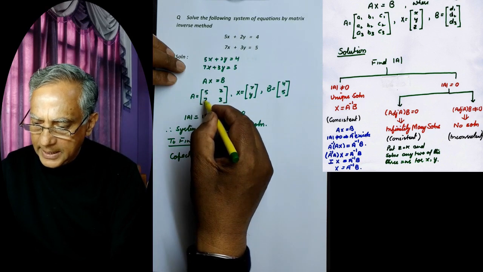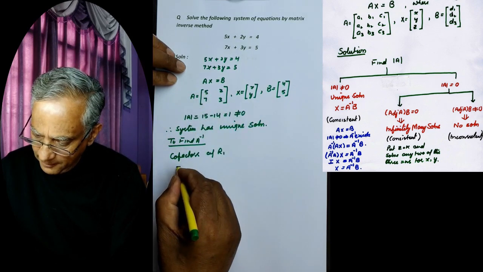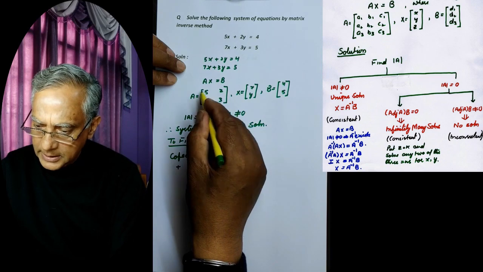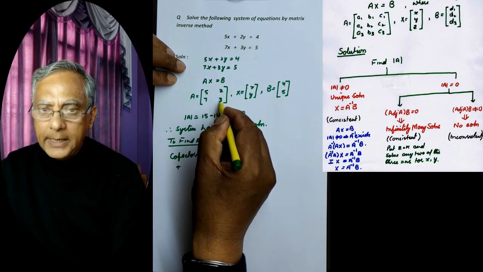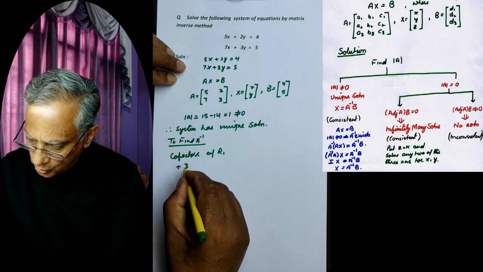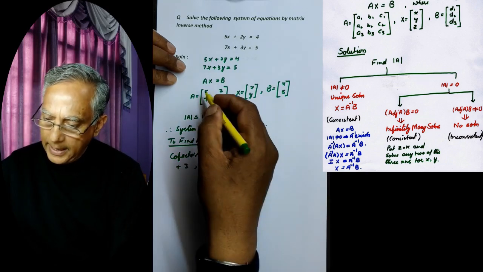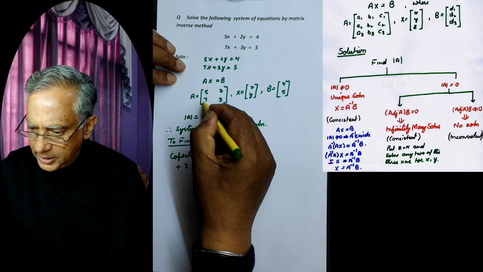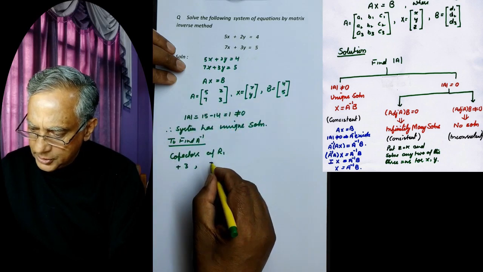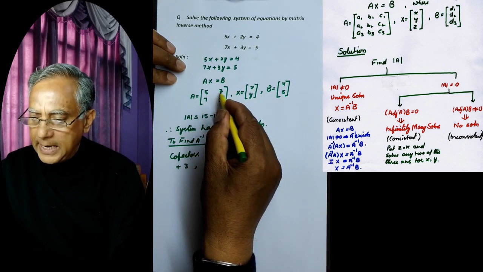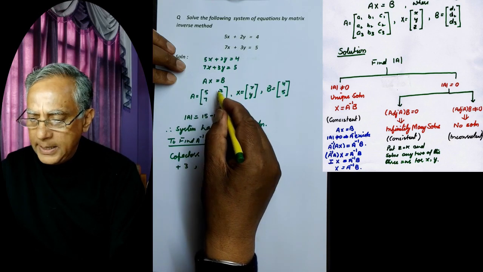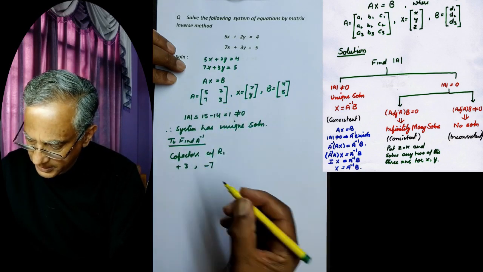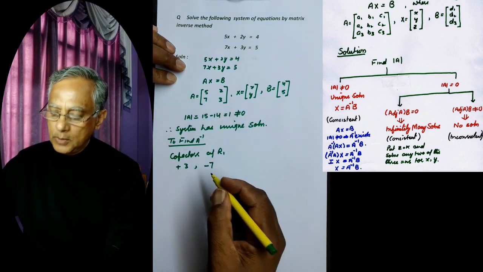Now place of this entry is 1, 1, so we will have a plus. This is gone, we get 3. And cofactor of the next entry: this is deleted, this is deleted, this is 7. And place of this entry is odd, 1, 2, so there will be a negative sign.